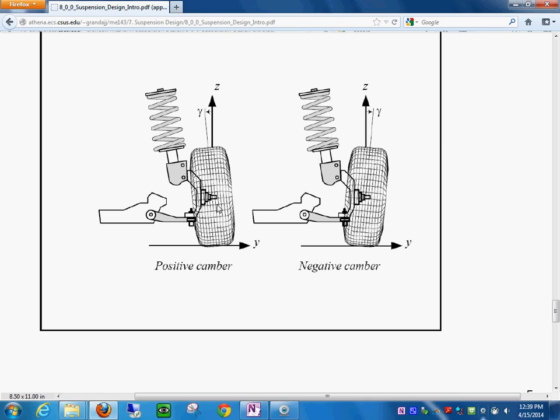What I was trying to say a moment ago is that you don't really want this negative camber, because at high speeds, if the wheel gets inclined like that, chances are that you might roll over.